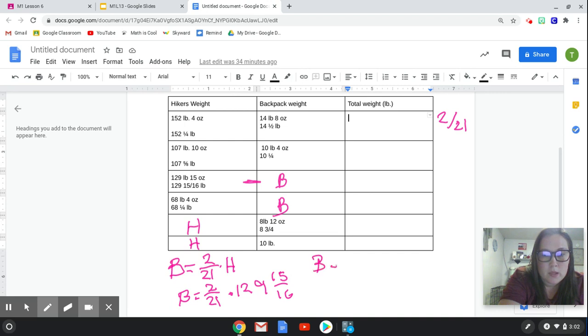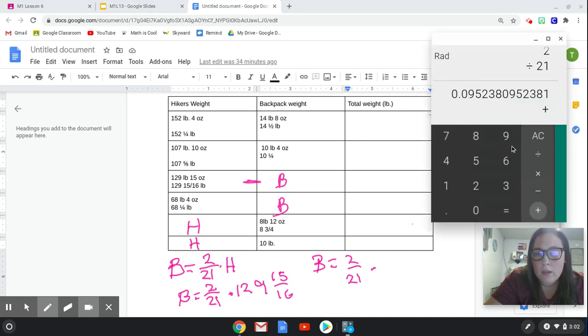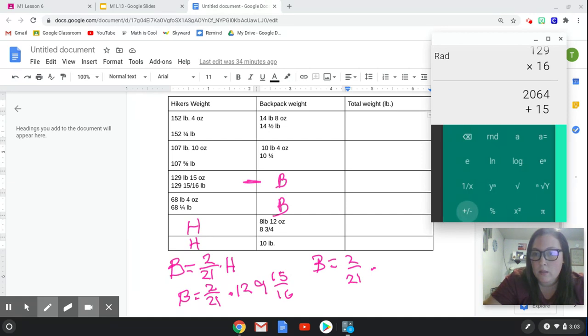So B equals 2 over 21 times, let's see, 129 times 16, and then we're going to add 15.